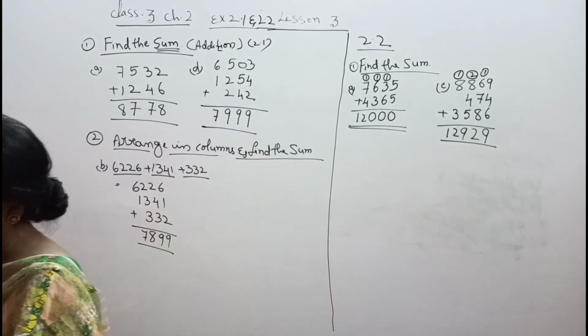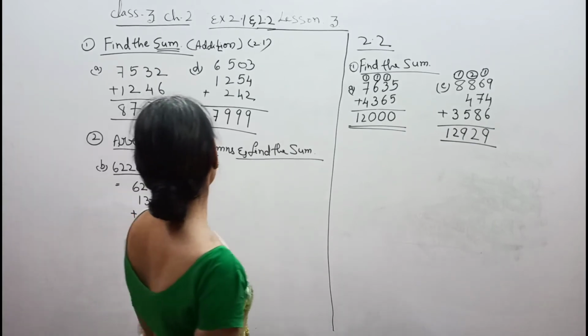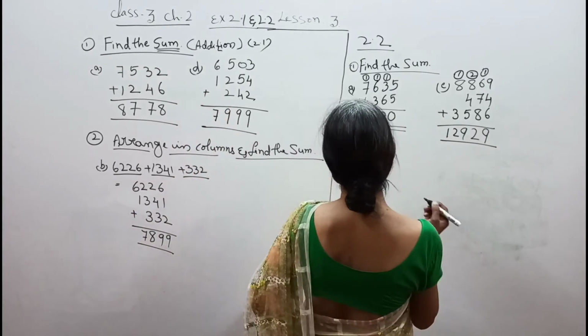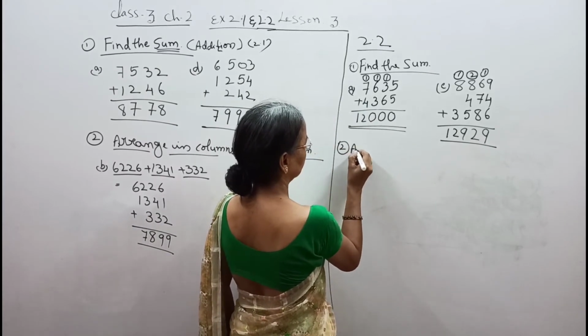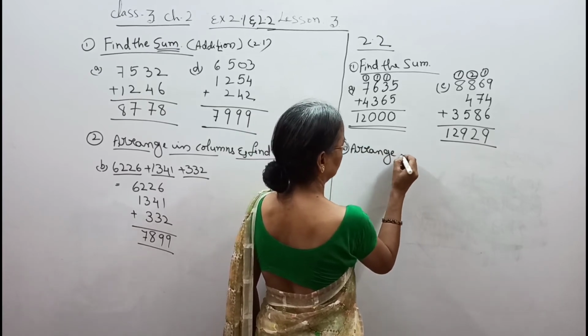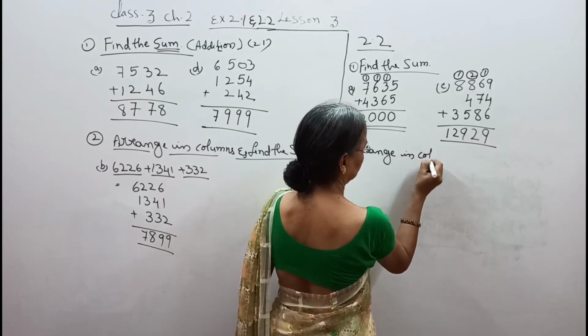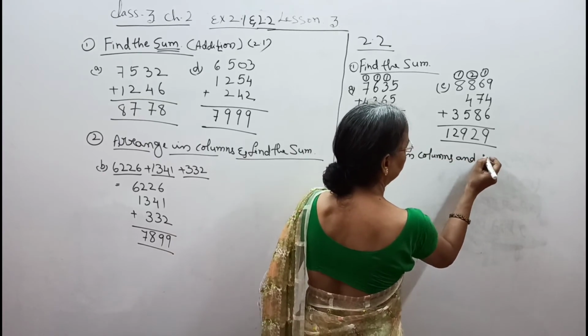Now the second question is find the sum, as we did in 2.1. First we have to arrange them in the columns and find the sum.